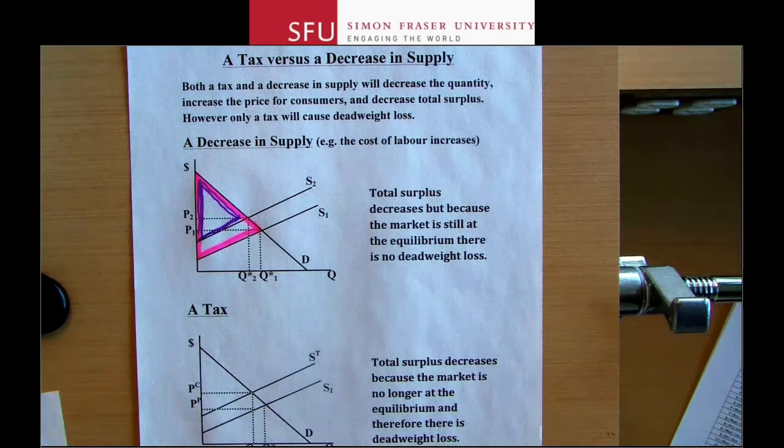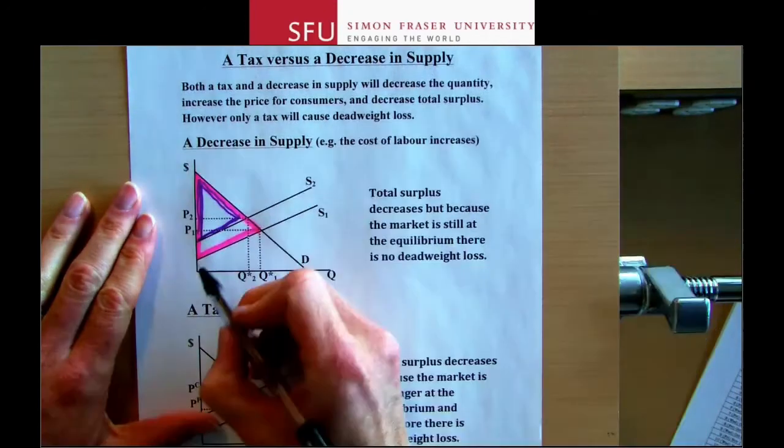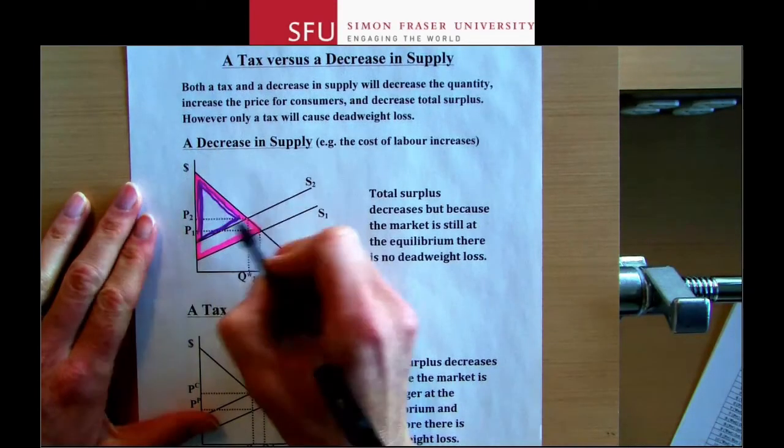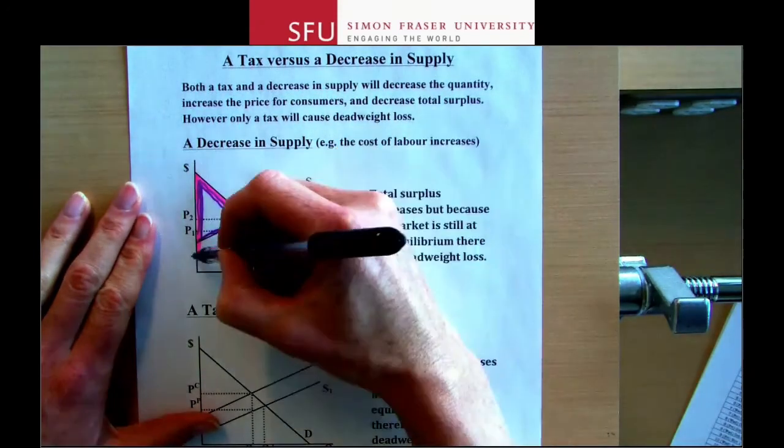So in the market, there will be a decrease in total surplus, which is the difference between the pink triangle and the purple triangle. And the difference between the two triangles will then be this area here.